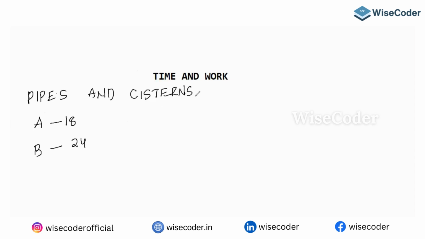But after both pipes are opened simultaneously, after some time, pipe B is closed. So he's asking after what time pipe B is closed such that the total tank gets filled in 15 minutes.